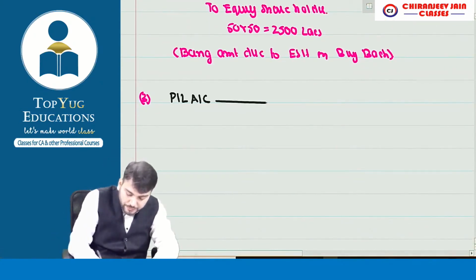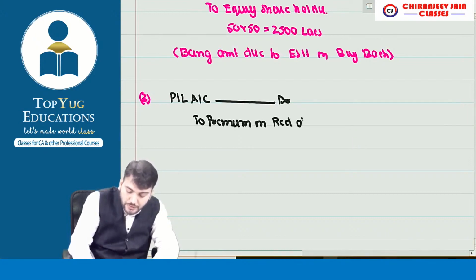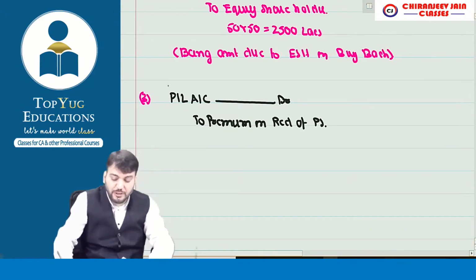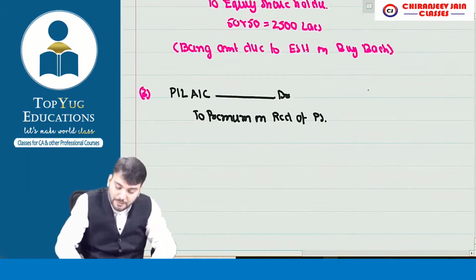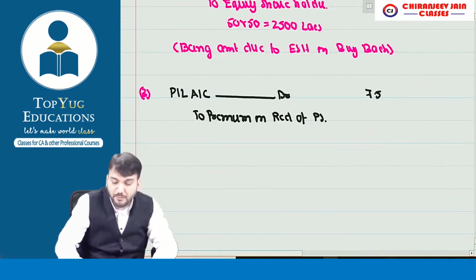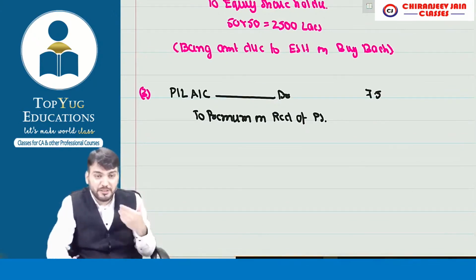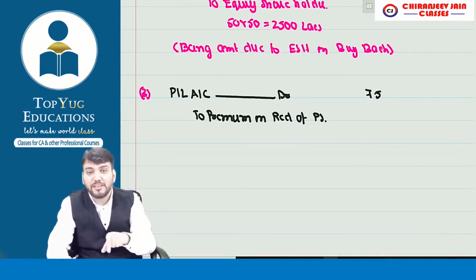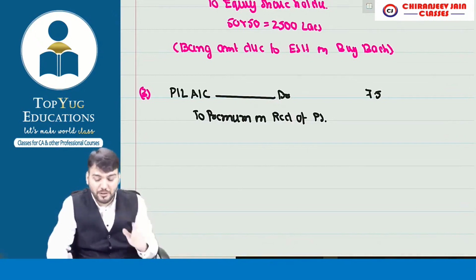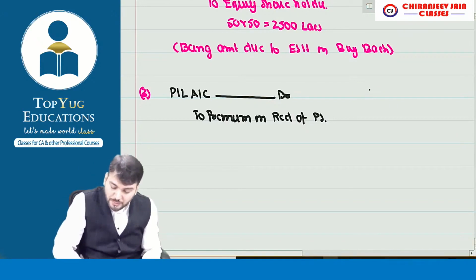Profit and loss account debit, to premium on redemption of preferences, 7.5. This is as per accounting standard. If the company is following the accounting standards notified under the Companies (Accounting Standards) Rules 2006, then this will be debited to the PL account. Do you remember? I had made you write this. Narration you can write down.